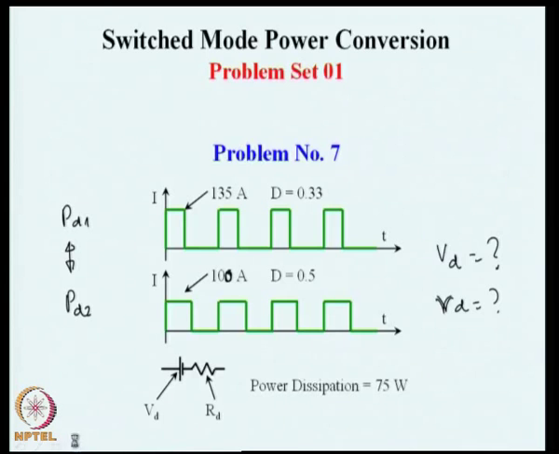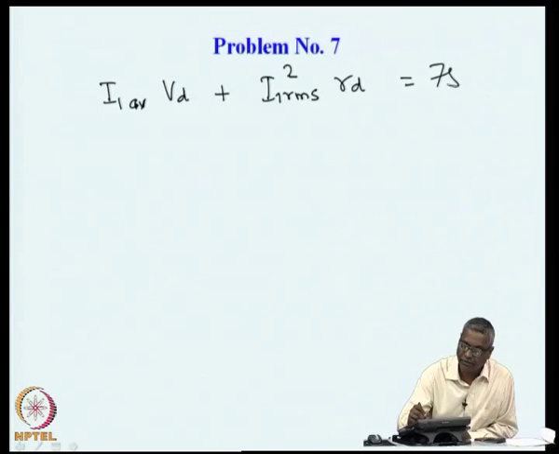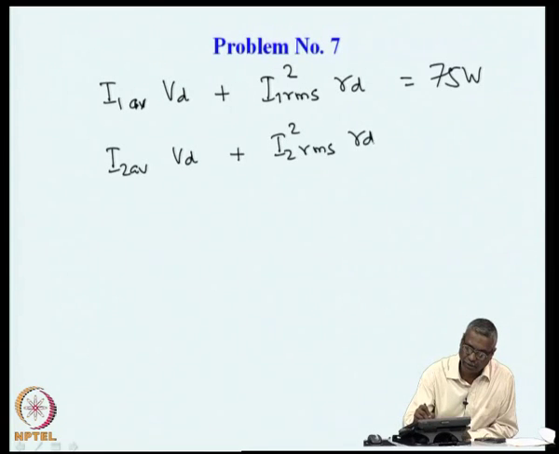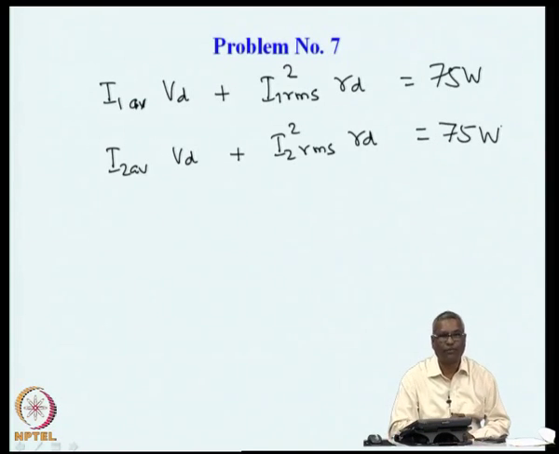So, we can formulate those power dissipations: case 1 is I1 average into VD plus I1 RMS square into RD, and this is equal to 75 watts. And then case 2 is I2 average into VD plus I2 RMS square into RD, which is also equal to 75 watts. So, this is the formulation of the problem.